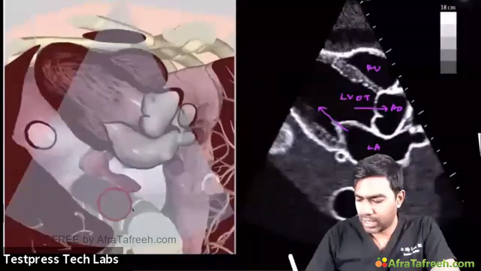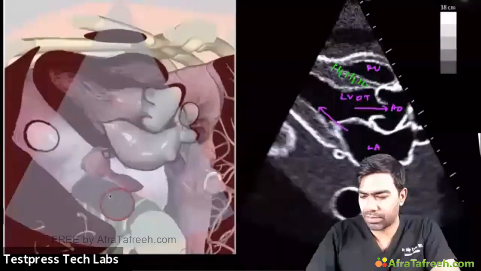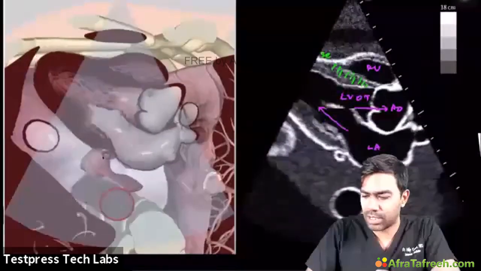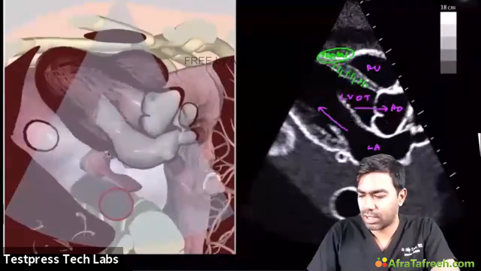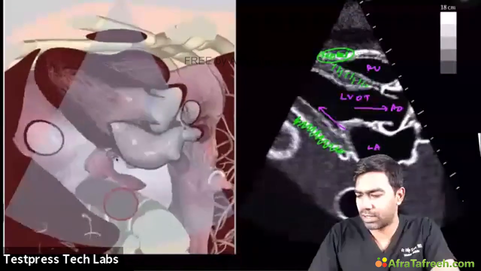Why this is preferred is because I can find out the septal thickness. If I freeze, I can see the septal thickness here, and this is the posterior wall and the inferior wall of the left ventricle.